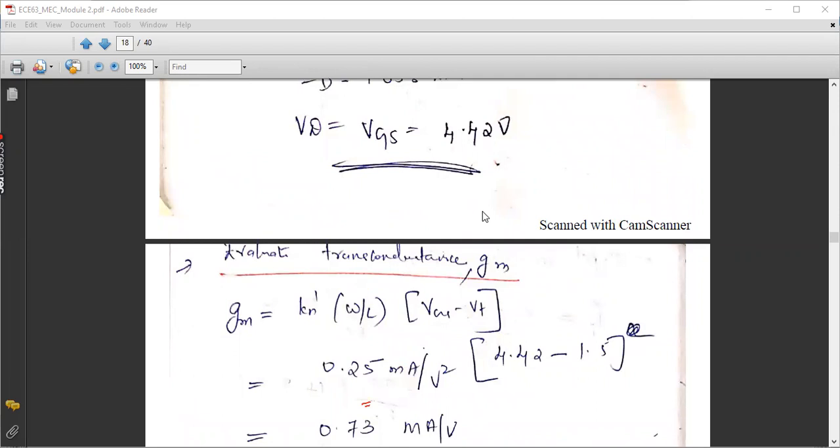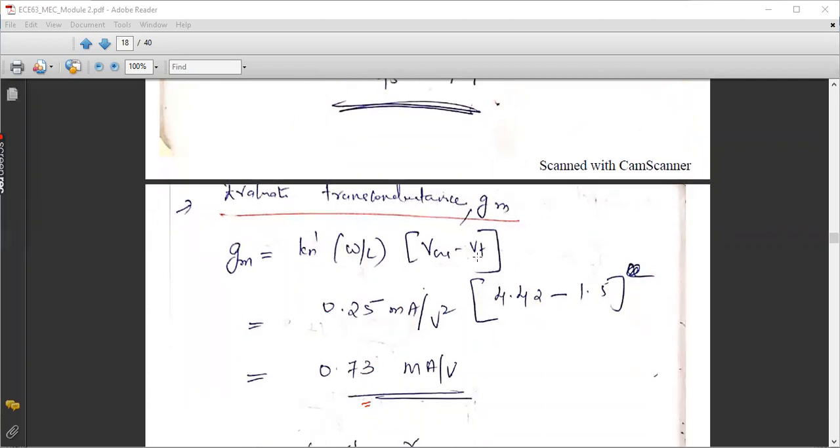In yesterday's class, we have learned 3 derivations for GM, out of which you can select any equation where all the variables are known for you. Yesterday, that is Thursday's class, we derived 3 equations for transconductance, out of which I will take this equation because all the parameters are known for you.